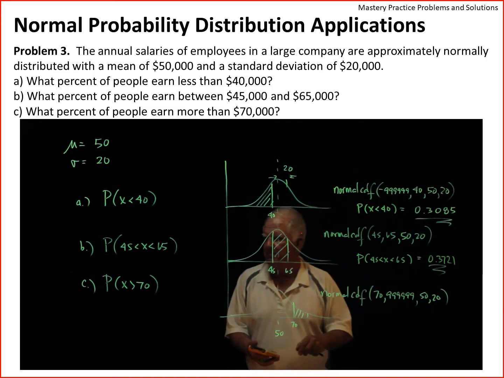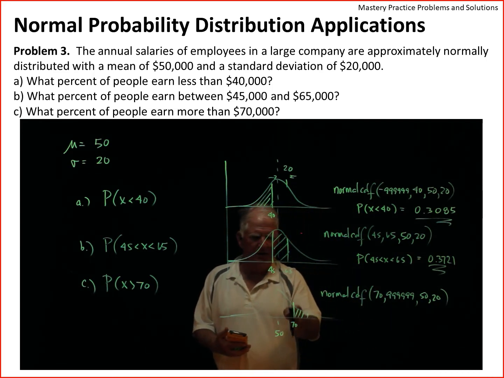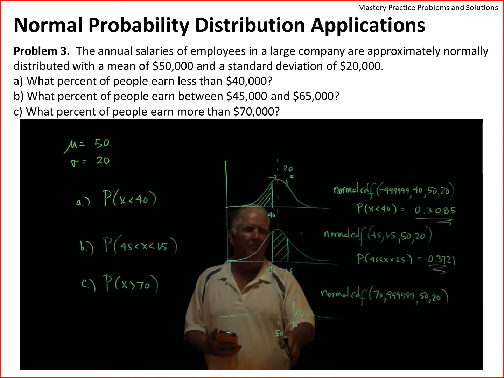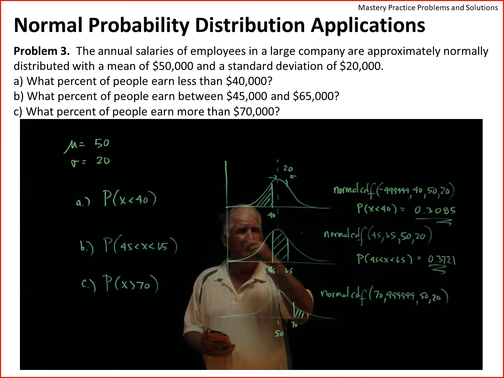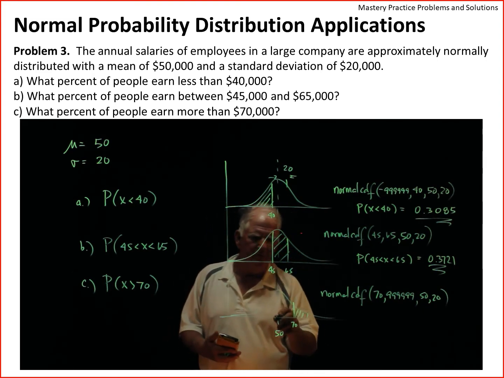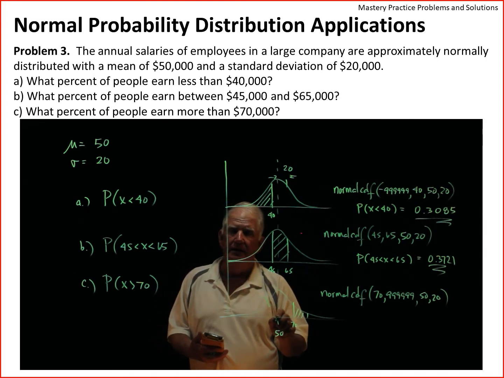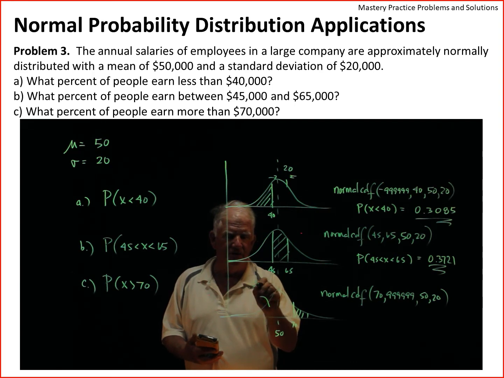Okay, final one. I'm effectively looking for P, what's the probability of being above 70. Note that 70 is 1 sigma away from 50. So we probably remember that this area here between minus infinity and the mean is 50%.